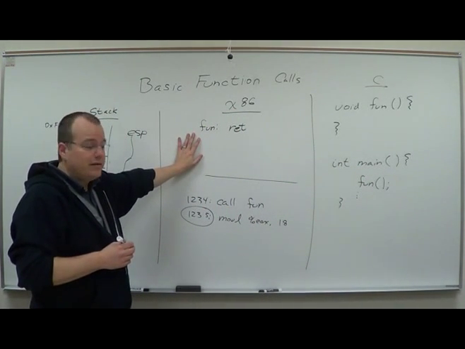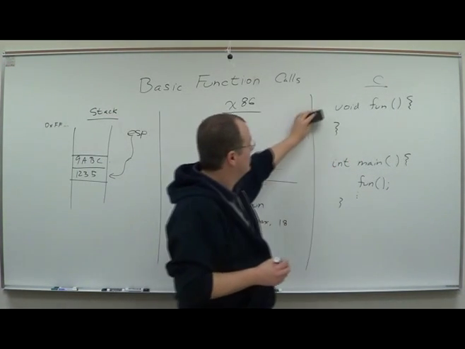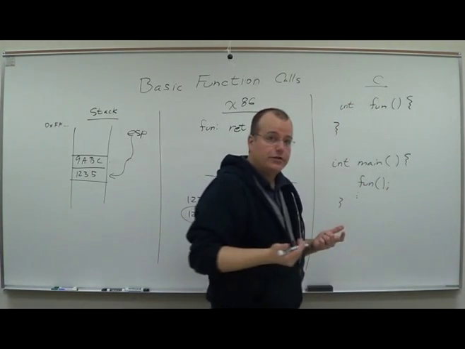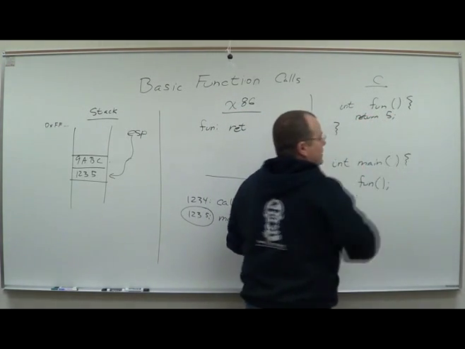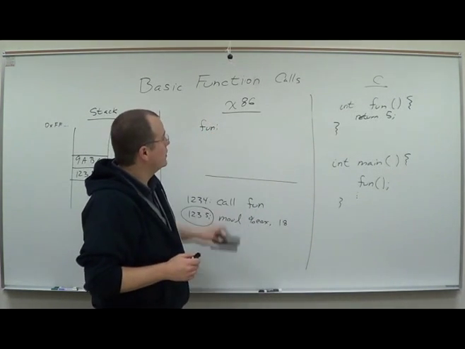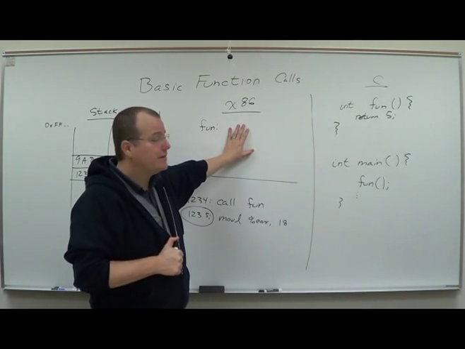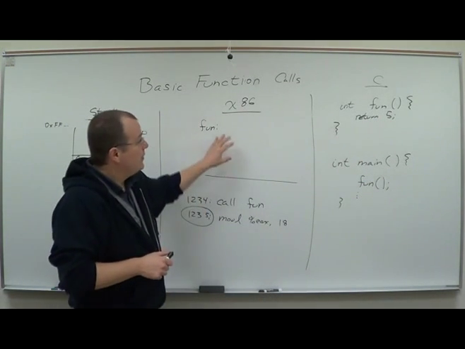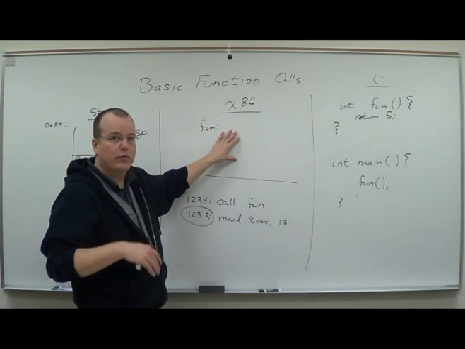Let's make this a little more complicated. Rather than not doing anything, let's actually return something. Let's return an integer. And let's actually return the integer 5. So we actually have to do a little more work up here in our fun function. Instead of just returning, we actually have to somehow communicate this value back to our main function. And the way we do that is with a convention that we use EAX to hold the return value.